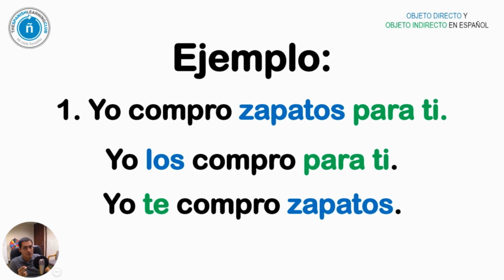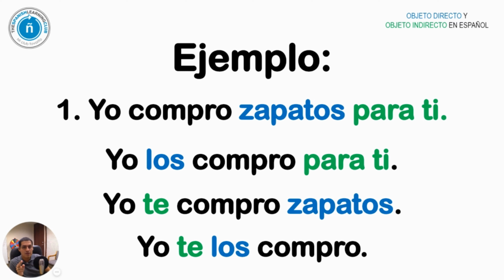Yo te, replacing para ti, compro zapatos. So in this sentence, I am replacing zapatos with los, and I am replacing para ti with te. Now let's see what this sentence will look like if we replace the two pronouns. I will say, yo te los compro.